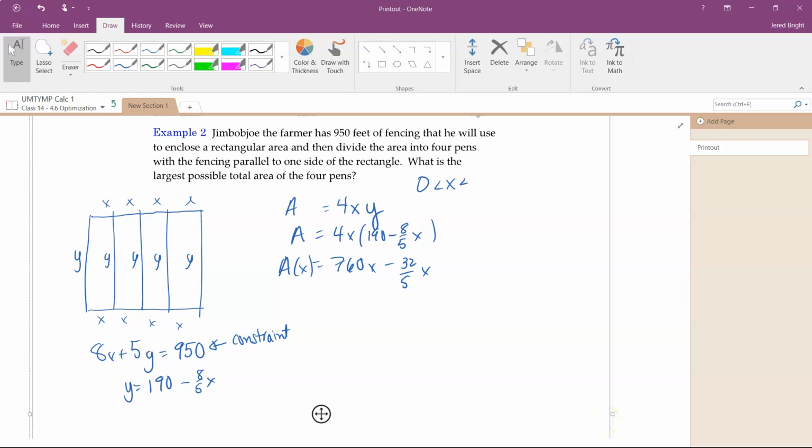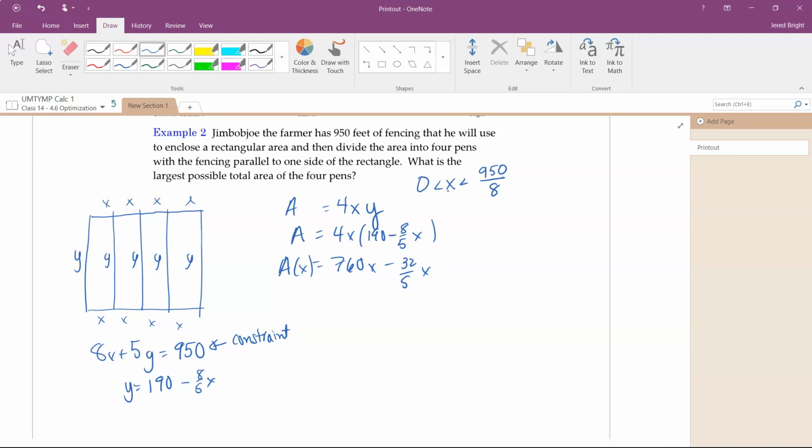And the maximal is going to be an upper limit of 950 over 8, because that would mean y would be 0 and we would just have these 4 things. So it has to be somewhere between those two values. Certainly this is not a closed interval, because you can't have the endpoints.